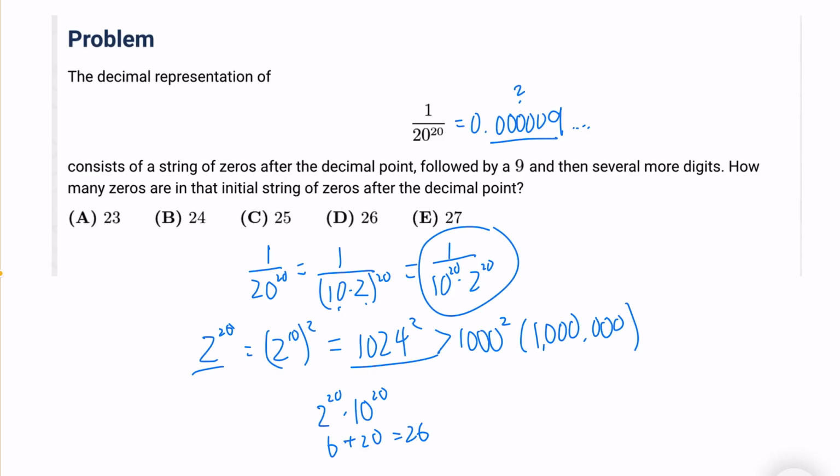So that means that if we divide 1 by the 27 digit number, because we know that it's 1 and then zeros, and we're just going to say this is 26 zeros, which is what we got right here, that means that there are 26 zeros in the initial string after the decimal point. So the answer would be D, 26.